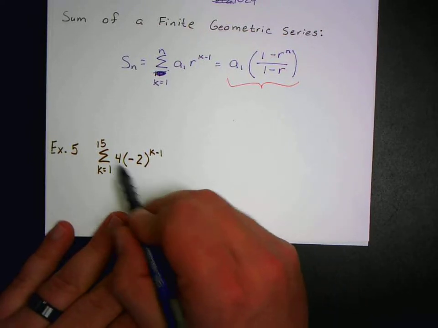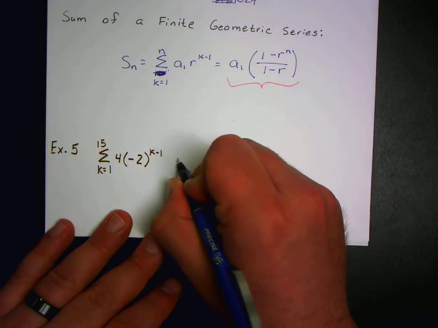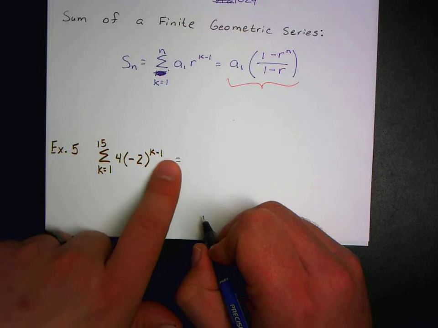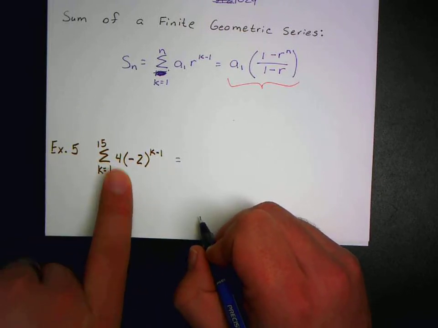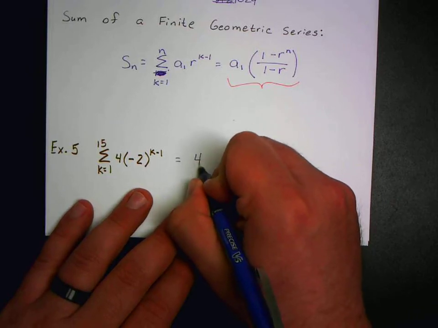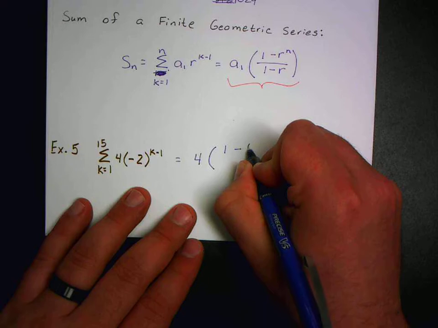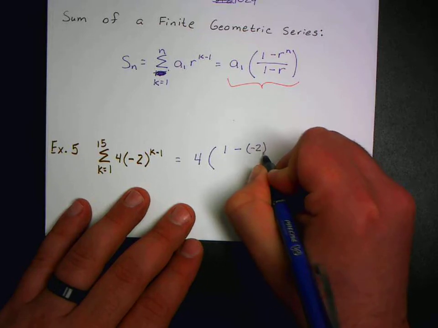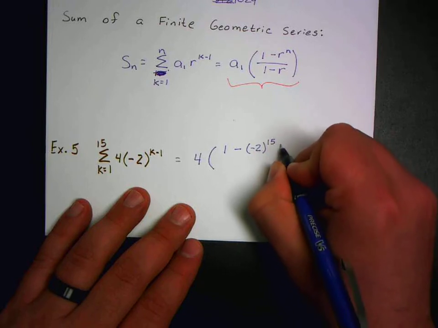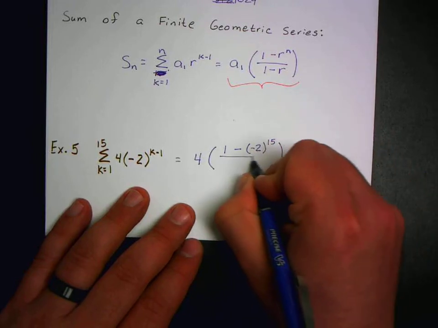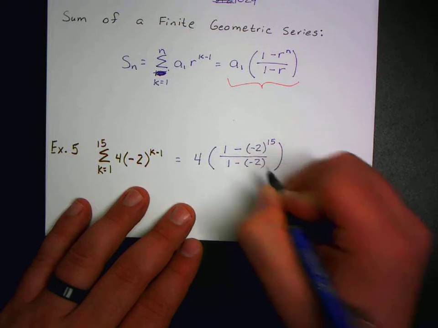So if I wanted to find this, I would take, okay, so my first term is just going to be the number in front, correct? So I would take 4 times 1 minus negative 2 to the 15th, divided by 1 minus negative 2.